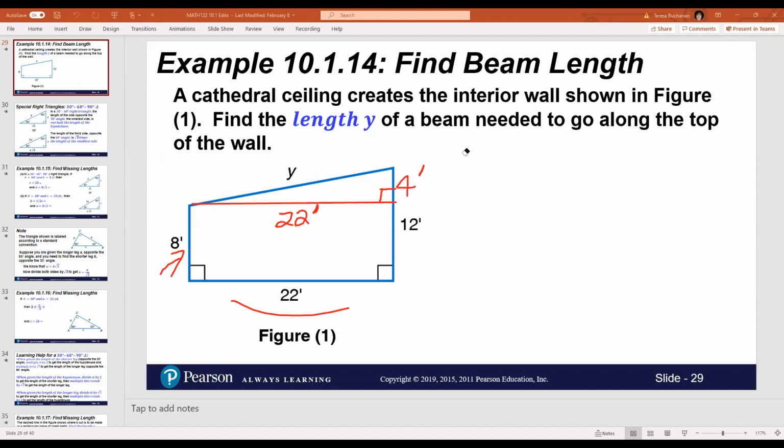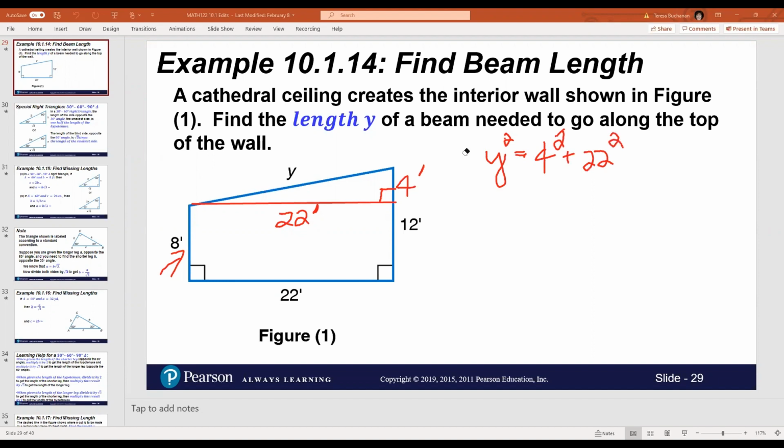So that says I could easily find the length of Y using my Pythagorean theorem. This time, the C squared is just called Y. It doesn't matter what it's called. Call it Henry if you want to. And that distance, that was Y squared, will be equal to the 4 squared plus the 22 squared.